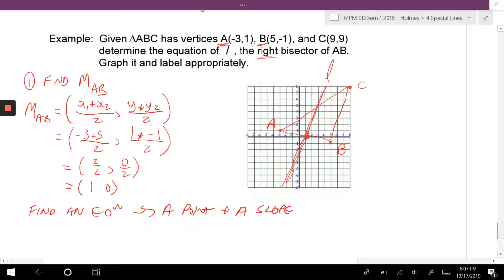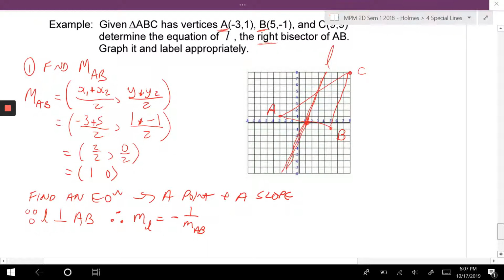We've already determined a point because that's where it bisects. So now I need to calculate the slope. Since the line that I'm required to find is perpendicular to AB, the slope of my line is going to be the negative reciprocal of the slope of AB.